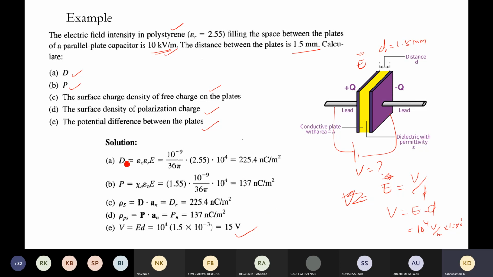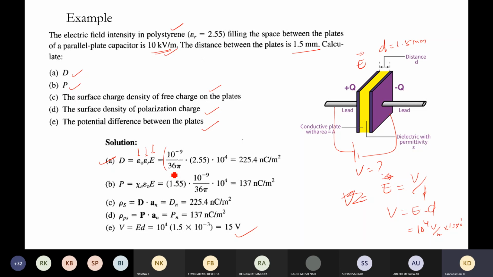And the D, the flux density, can be easily calculated, which is nothing but epsilon naught E. The electric field is known, dielectric constant is known, permittivity is well known.